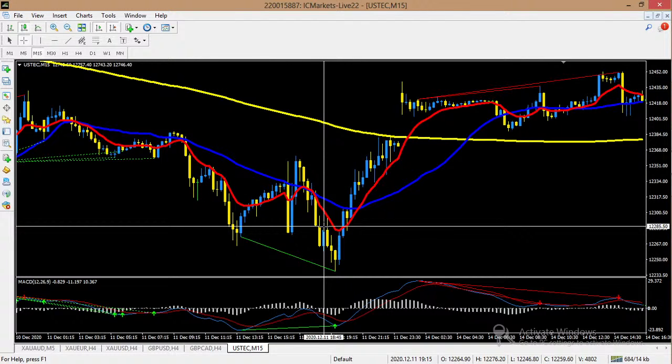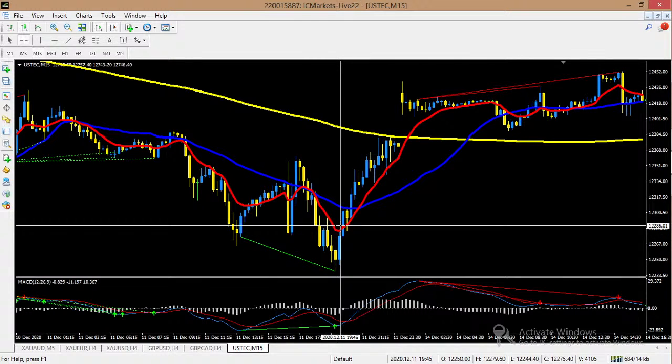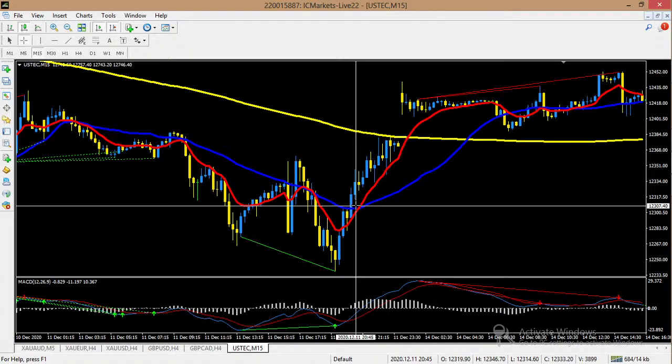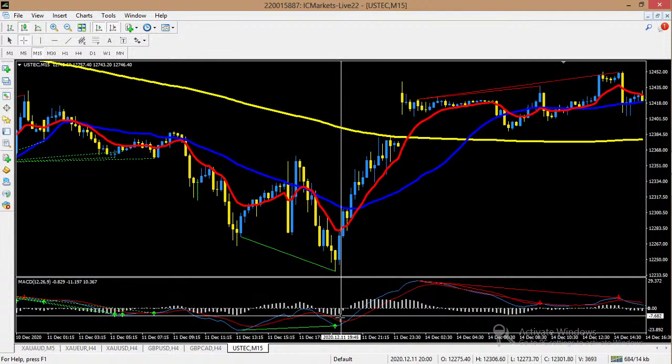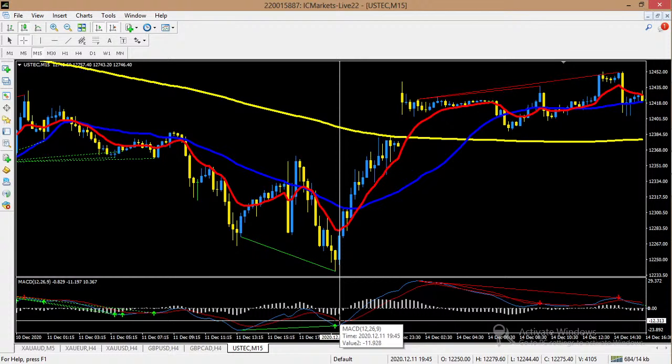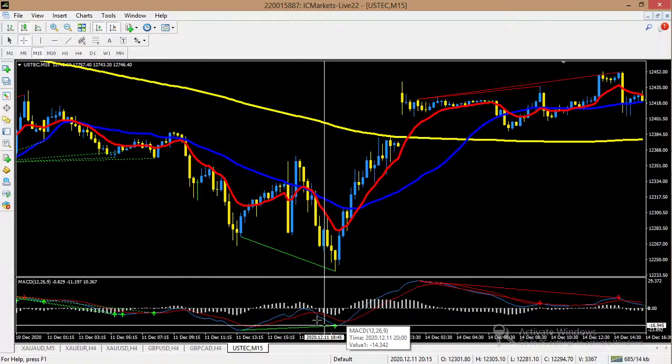so before the 10 moving average was able to cross above the 34 moving average, the MACD signal line, the blue color, for instance, if the blue color happens to cross above the red color, it indicates a possible uptrend or a reversal.